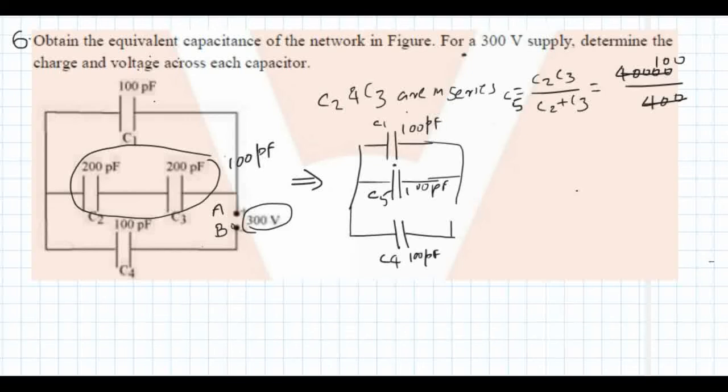And this is our early point B, and this is the early point A, and here the potential is 300 volt, right? Now at this point you can see that this C1 and C5, right? Here C1 and C5 are parallel, right? C1 and C5 are parallel to each other, but not to C4. Why? Because for clarity I will redraw this.